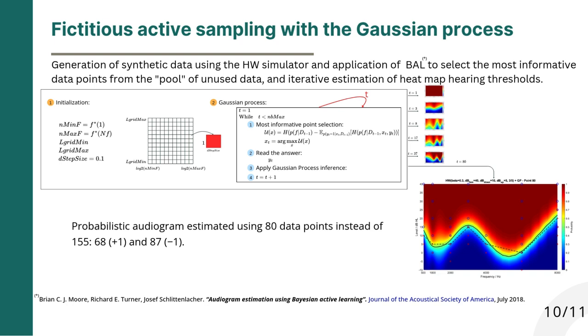We query the simulated listener for a binary response at that point, update our Gaussian process model, and repeat until we reach the maximum number of trials. As a result, we obtain a probabilistic audiogram heat map using only 80 samples, far fewer than the full 155, yielding thresholds at 68 positive responses and 87 negative responses.